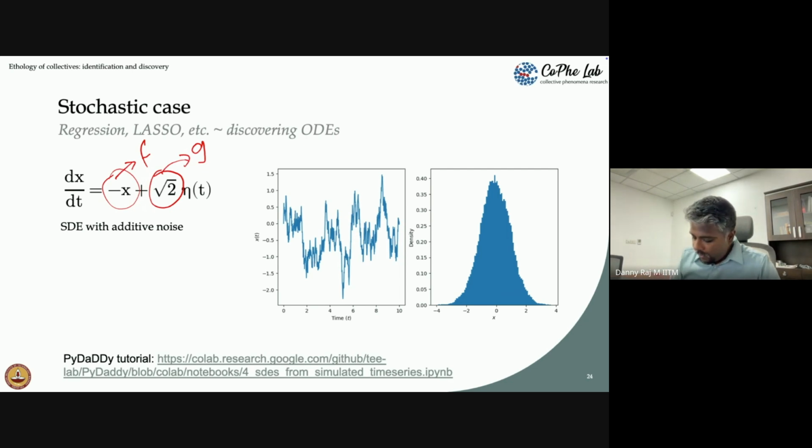So we have developed, when I say we, it is me and my collaborators, when I was part of IISc, this is from the Center for Ecological Sciences, IISc, Vishu Guttal's lab. We've developed this package called PyDaddy, which is a Python package for data-driven dynamics, which does a lot of this SDE extraction given data.